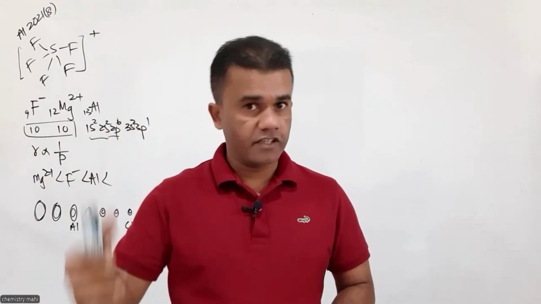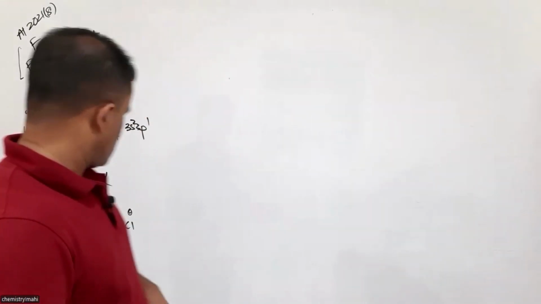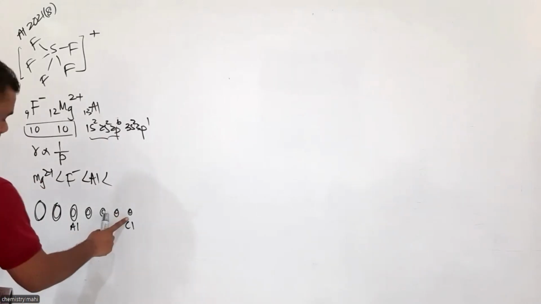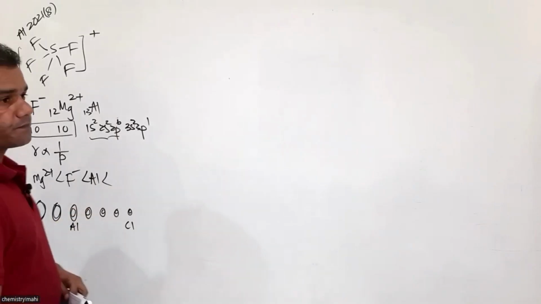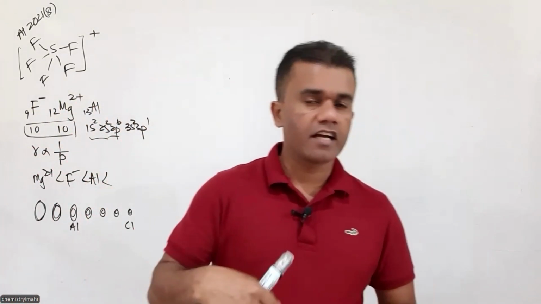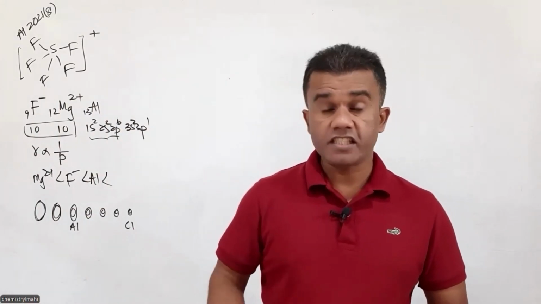Now the question is, where do you place the new size? Does it pass aluminium, or is it somewhere here? You're not sure. In that case, remember, adding or removing an electron makes a significant change.